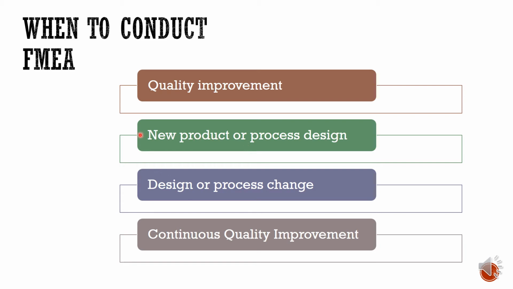The next is when we are planning on performing an existing process in a different way, or we have a design or process change, or when we need to understand and improve the failures of the process. In addition, it is advisable to perform an FMEA occasionally throughout the lifetime of a process. Quality and reliability must be consistently examined and improved for optimal result.